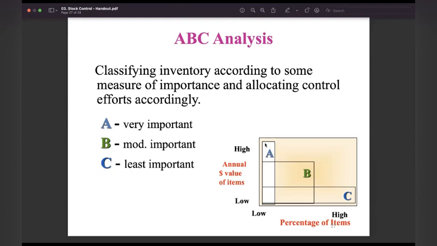Their value is very high, but the percentage of items that we are using maybe in the production or sales will be lower. Okay. In moderately important inventory, the value is also moderate. At the same time, the percentage of items that we use will be moderate as well. In C, least important inventory, the value of the items will be low, but the percentage of items that we use will be very high.